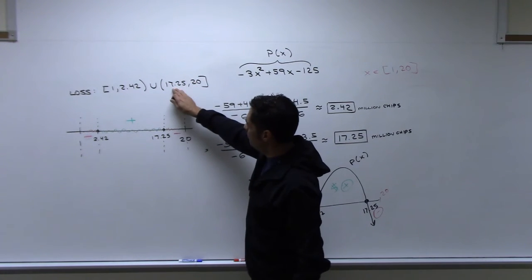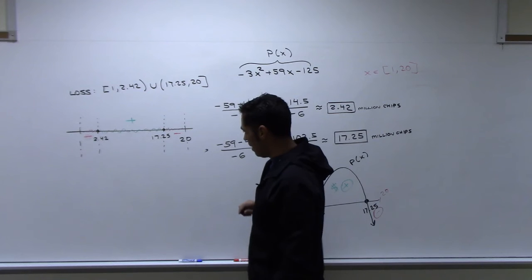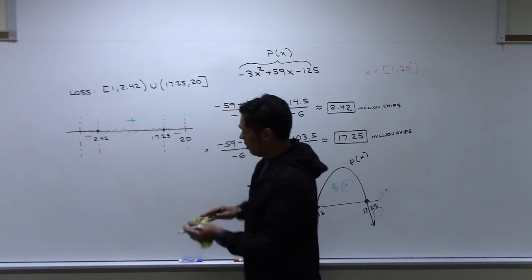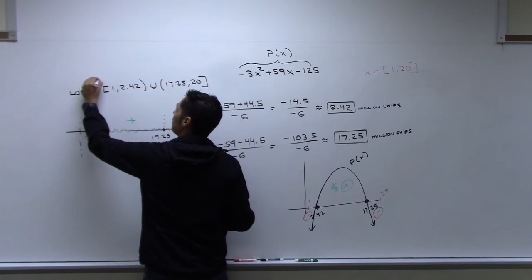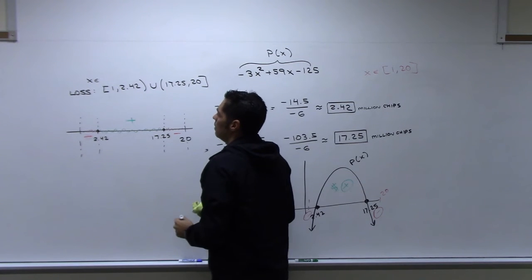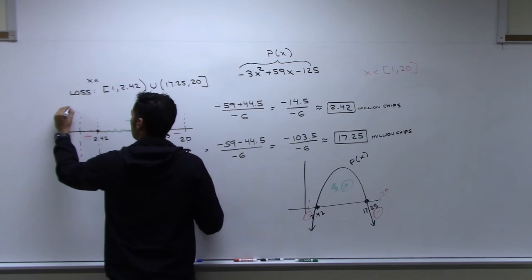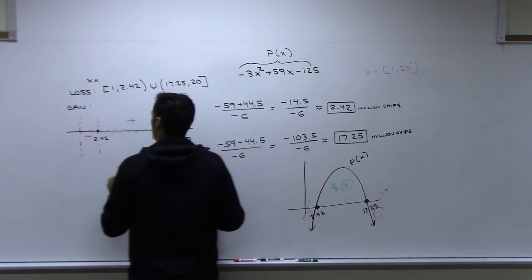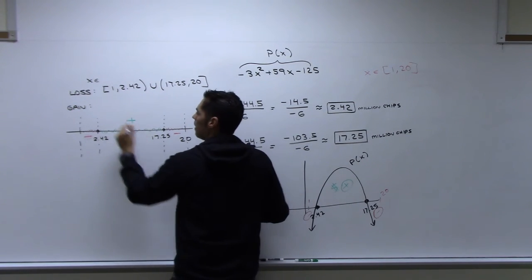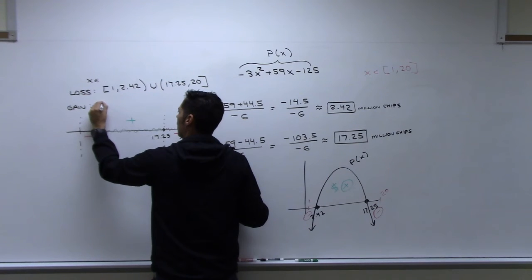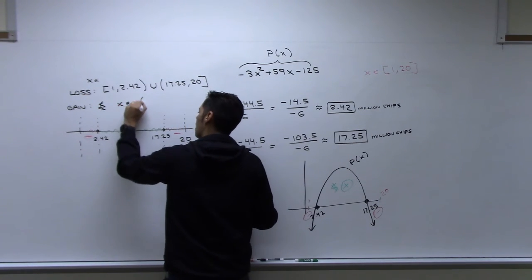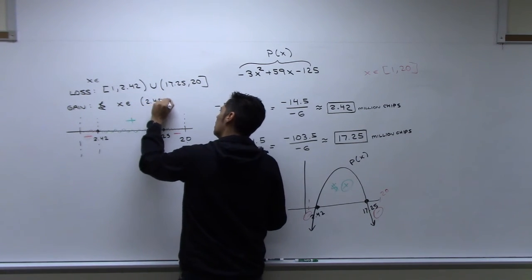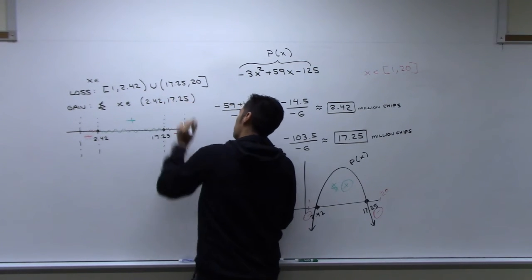Again, don't include 17.25 because that's not loss, that's break even. So that's where your loss occurs if x is in here. And then you'll have positive gain or profit if you're between here and here. So x is an element of 2.42 to 17.25.